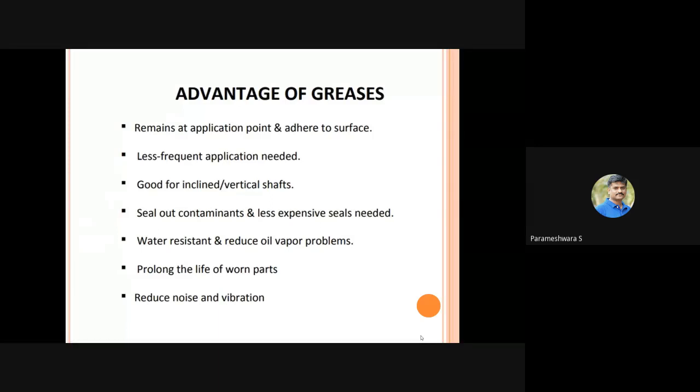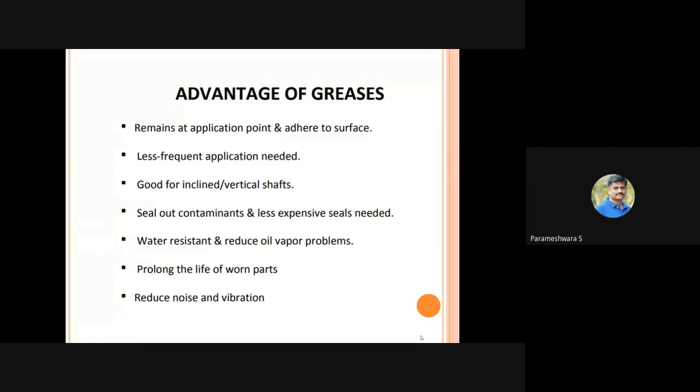Then look at the advantages of greases. The main advantage is, as I said, it remains at the application point and adheres to the surface in an effective way, and less frequent application is needed. Once in a month or 2 weeks, it needs to be applied, and it is good for inclined and vertical shafts.